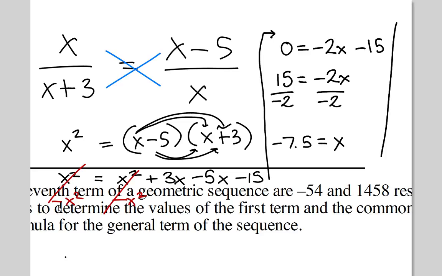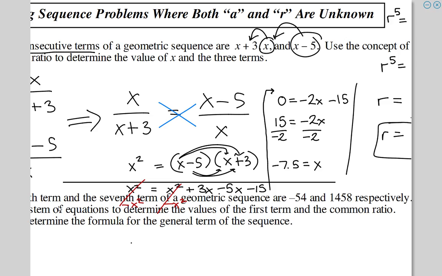Okay, we now have x. So x plus 3 would be negative 4.5. X is negative 7.5.